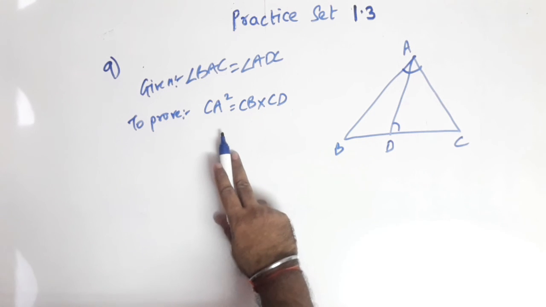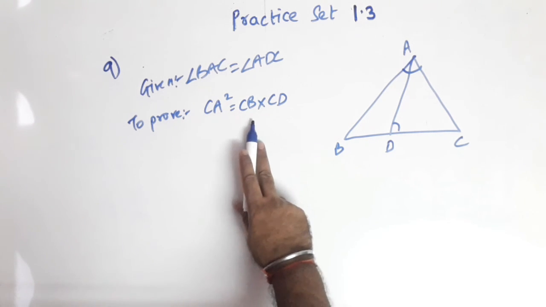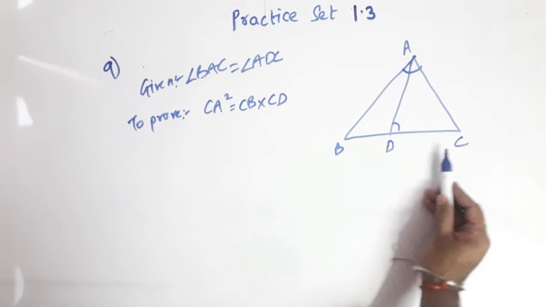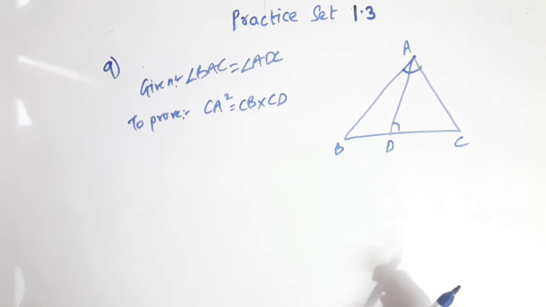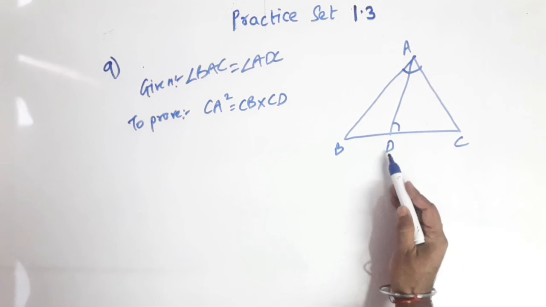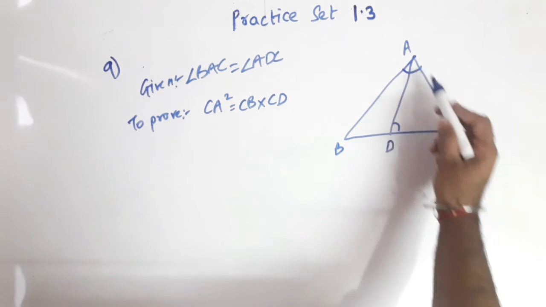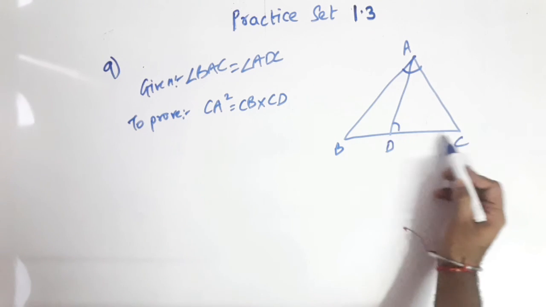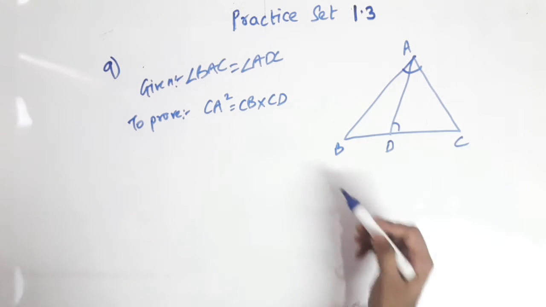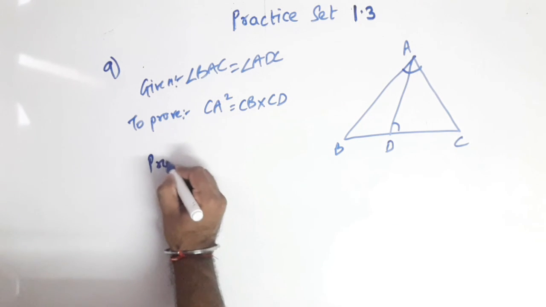We want CA square equals CB into CD. CB and CD are in which triangles? Also CA two times. So CB and CD are in the bigger triangle and this smaller triangle. So we'll pick these two triangles.